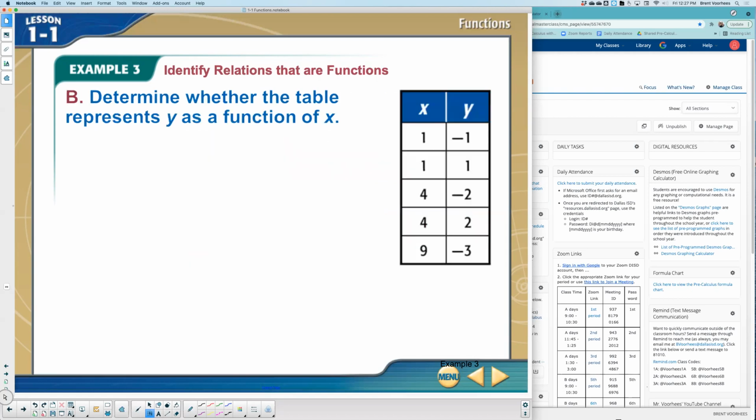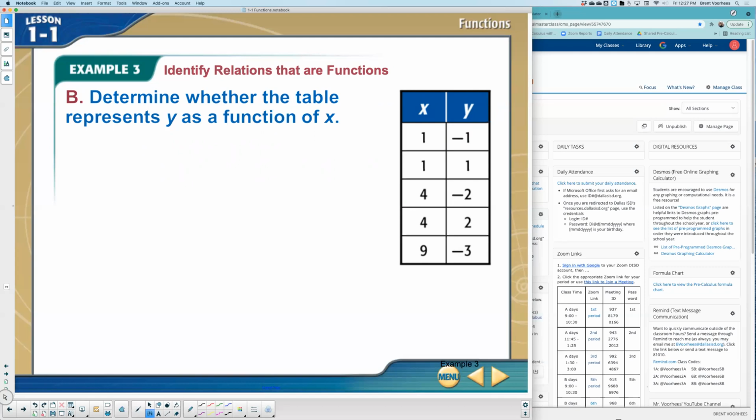All right, what about part B here? This time I'm giving you a different representation, a table. What do you think? 5, 4, 3, 2, and 1. Would that be a function or not a function?